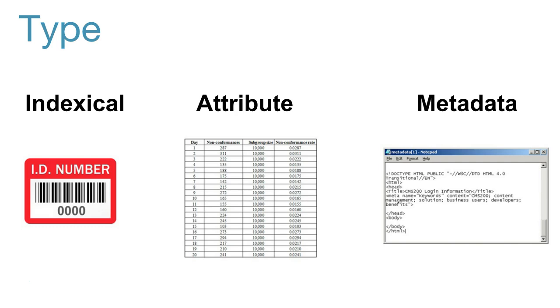ID numbers are really important if we know that we're going to have important data located across several different locations or in several different databases, and we know that we're going to want to relate some attributes to other attributes. Now, attribute type data is usually in a tabular format, and these are the things that pertain to what we're collecting.